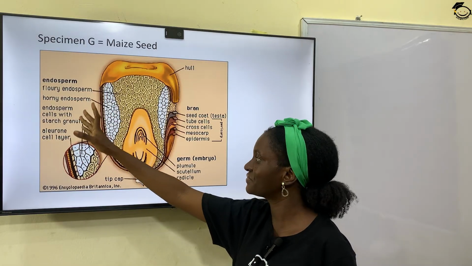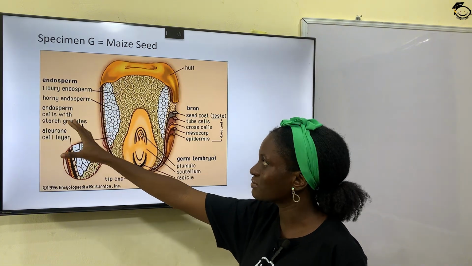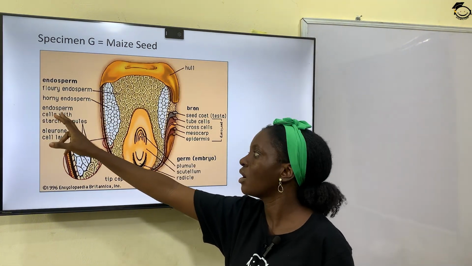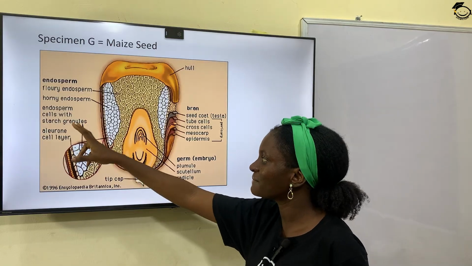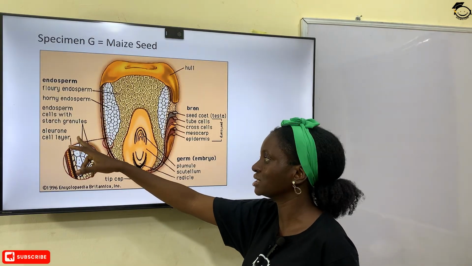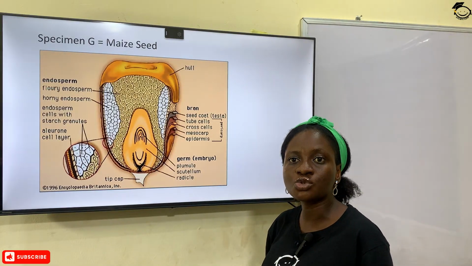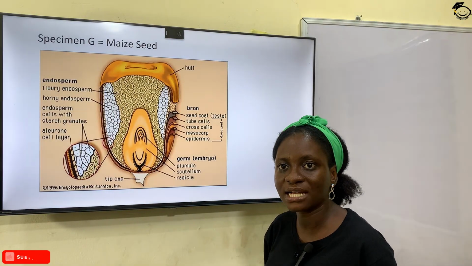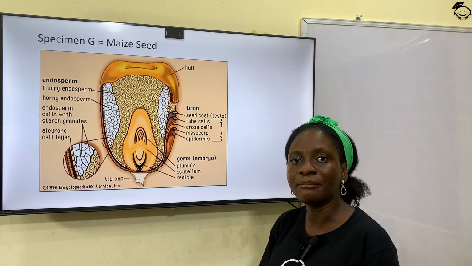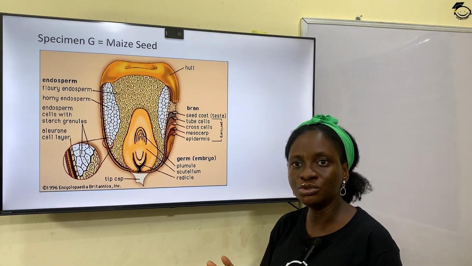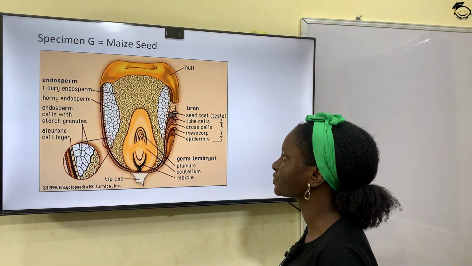It has different types. We have the floury endosperm, horny endosperm, endosperm with starch granules. So endosperm main function is to store nutrients like starch, protein, lipids. They are mainly for nutrient storage.